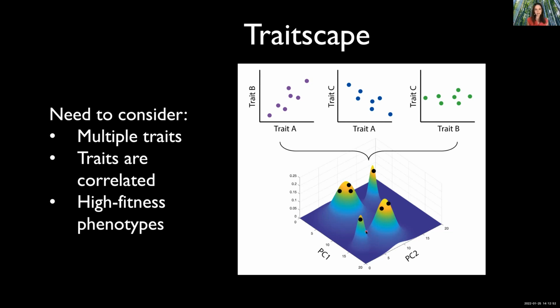And I'm going to come back to this at the end of the talk. So this is called a rugged fitness landscape in the evolution literature. Again, I'm calling it a traitscape because it's trait derived, and instead of having a long word, I'm just shortening it. And these traitscapes are environment specific, and they provide us information about where high fitness phenotypes exist for a specific environment.